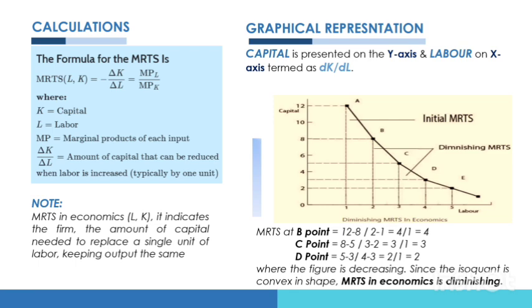If you increase labor, then you decrease capital. So overall we learned MRTS in economics. It indicates to the firm the amount of capital needed to replace a single unit of labor, keeping output the same.